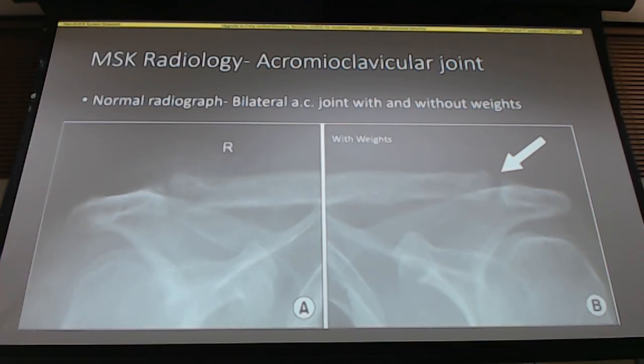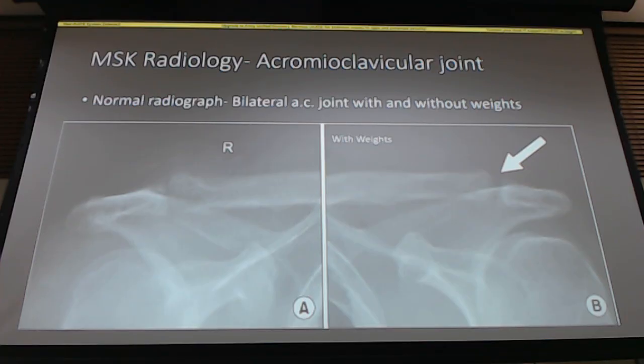So this one says what? Normal bilateral AC joint with and without weights. Tells you everything you need to know right there. When you get views of the AC joint, remember we talked about how somebody can be loosey-goosey in anatomy, not character. And so if you're looking at a view and you're like, is that a little elevated? Does that look a little unstable? What's the best way to compare it?